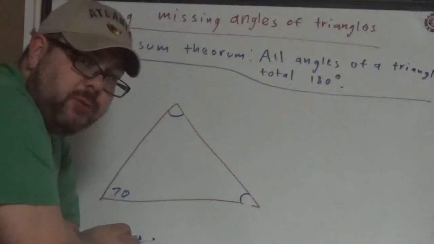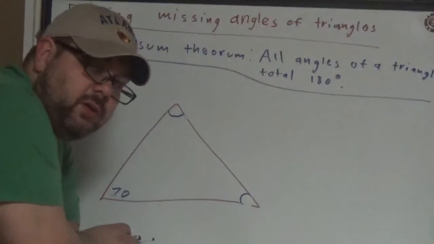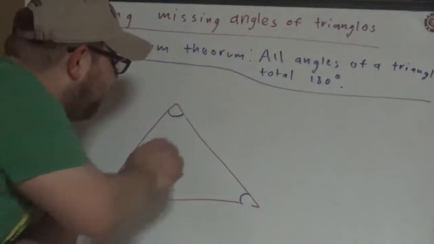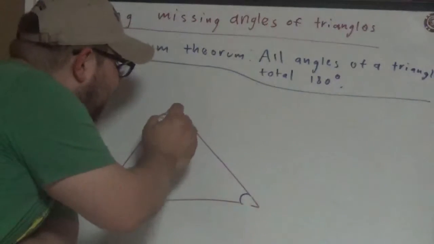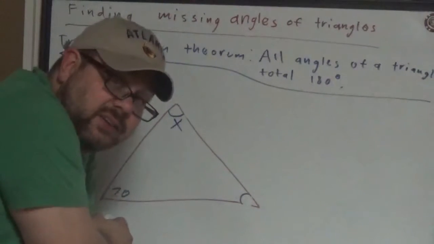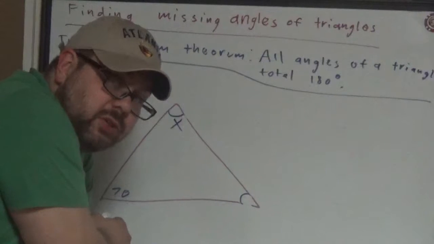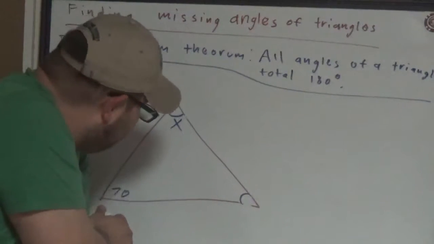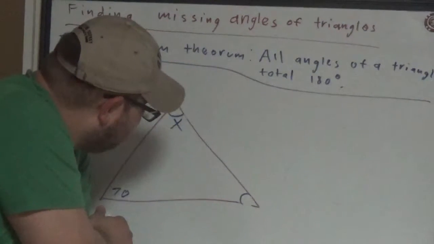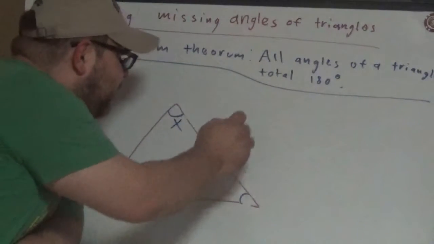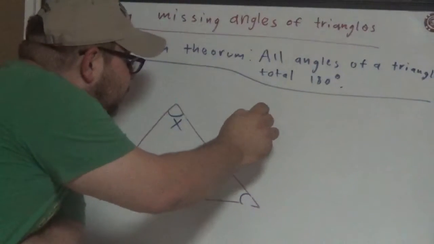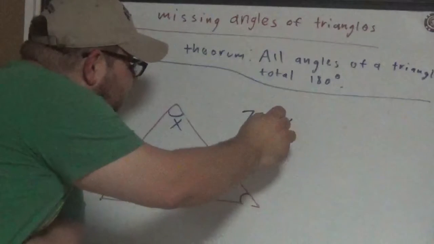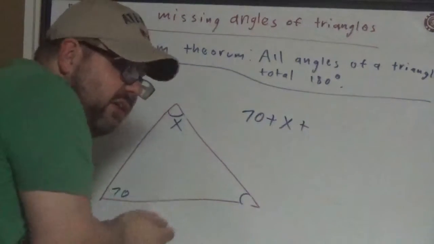This is a strange looking one. Well, remember what this mark means. And I'm going to say we're solving for x. So we don't know what x equals. Well, we've decided that one angle is 70, one angle is x, and what's the other angle?